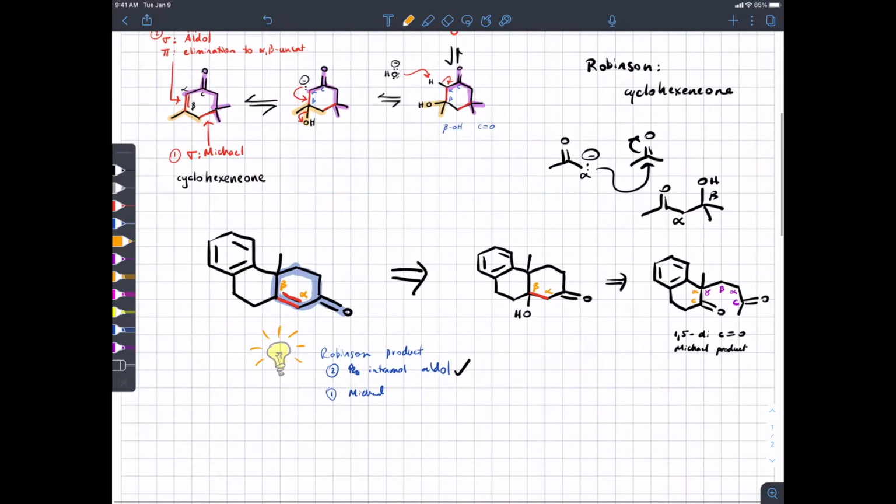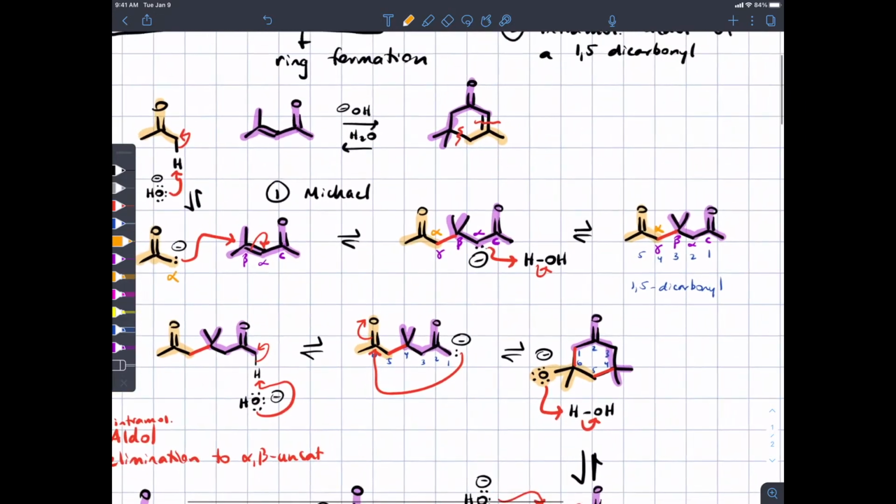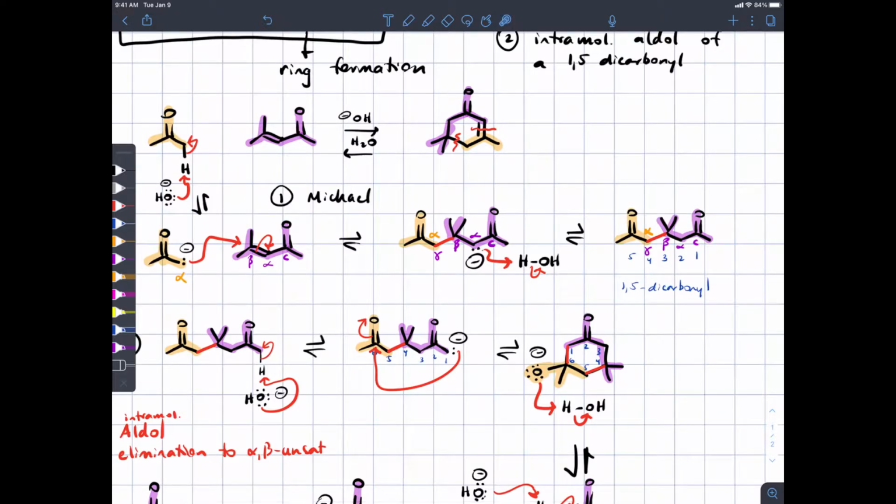So it might be useful to come back here and look at that Michael reaction that we drew to get an idea of which bond forms. Remember, the alpha carbon of an enolate attacks the beta carbon of this enone, or the alpha beta unsaturated ketone.